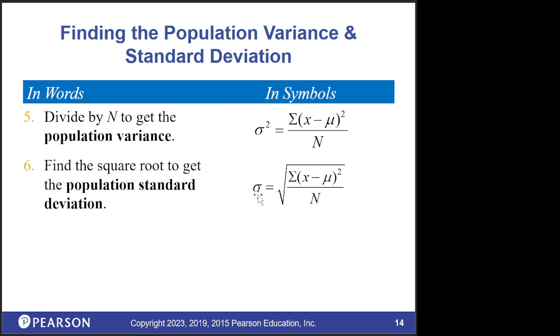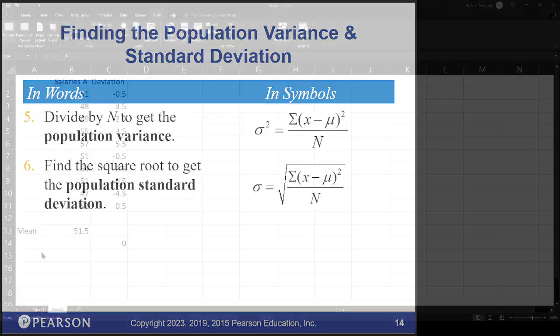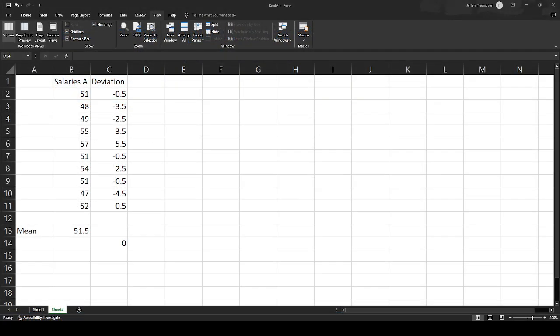Then we're going to take the square root, and that'll be the standard deviation. We'll do one of these by hand, and then we'll jump over to Excel. We're going to use the Corporation A data that we've been using. So if we look really quick here, this is the data we're going to do. But I'm going to show you how to set up the table, and then we're going to mimic the table we do by hand in Excel.